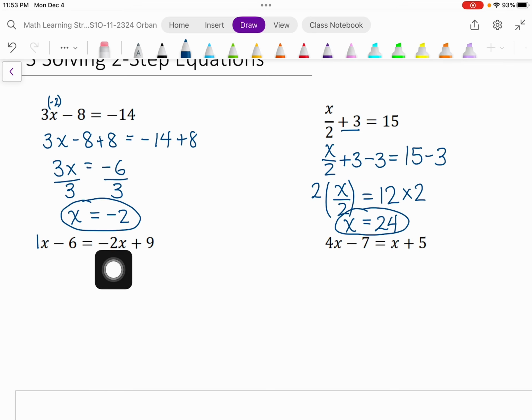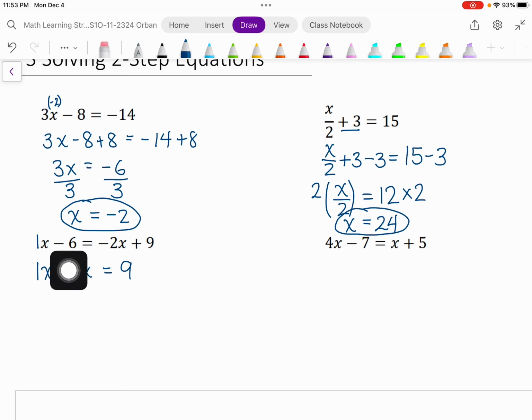Positive 1 is bigger than negative 2. So that means that I'm going to move my x's to the left side. So I already have 1x. And over here, I'm subtracting 2x. So when I move it to the opposite side, I'm going to be adding 2x. And then on the other side, I had a positive 9. When I write it first, I don't have to write the positive in front of it.